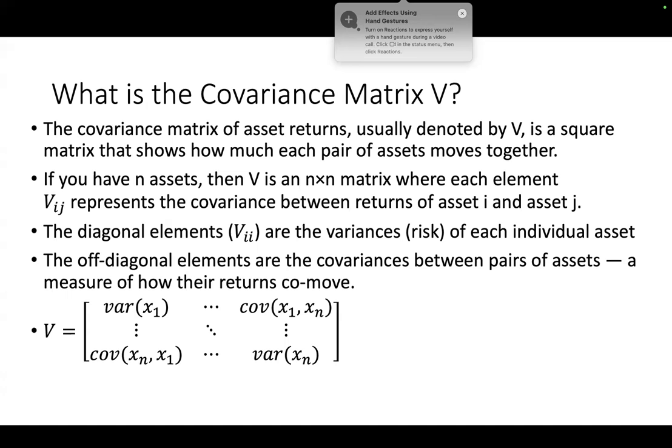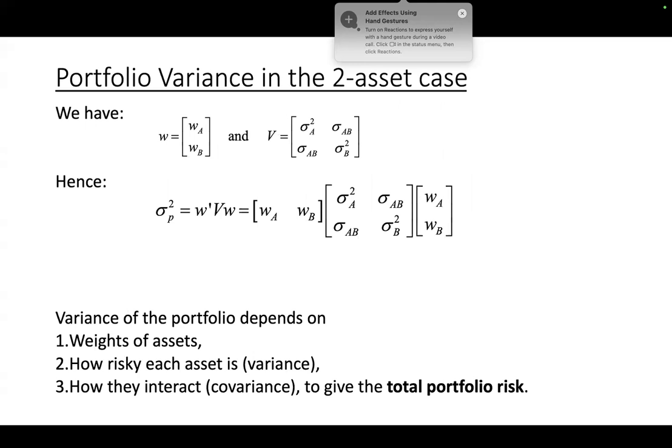Or when one of them goes up, another one goes down, that means covariance is negative. Just keep in mind that we prefer negative covariance. Now, if you have only two stocks, that simplifies to this one. So V is going to be 2 by 2, and the formula is this.